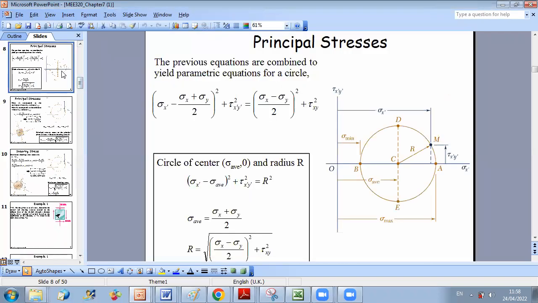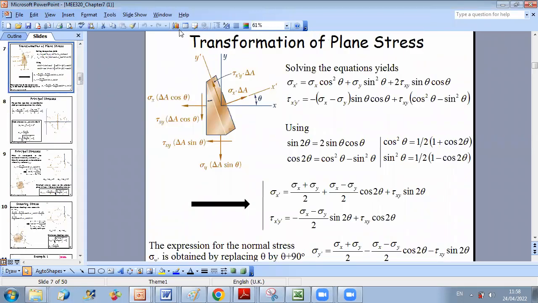when we derived the circle equation together, here you have cosine and sine of 2 theta. So when you draw the circle, rotation in the circle from one orientation to the other, if you rotate theta on the element, you should rotate 2 theta on the circle.